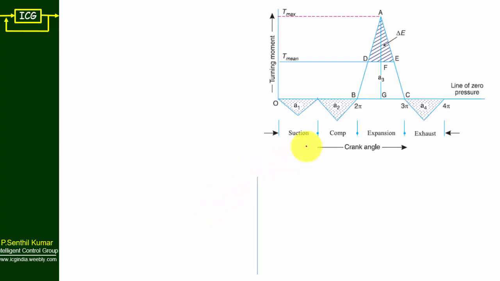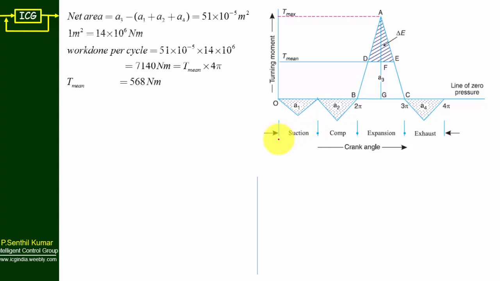So this is the turning moment diagram of the given problem. First we will find the net area of this diagram. Net area equals A3 positive, then all the other terms are negative: A1, A2, A4. That's why net area equals A3 minus A1 minus A2 minus A4.